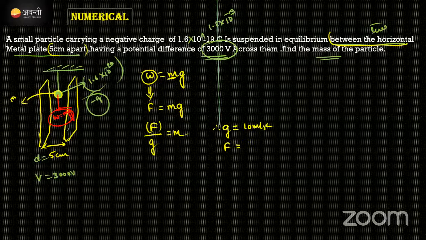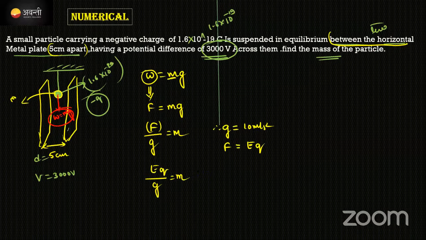Yes, good. It is nothing but E into Q. Correct? Substitute here. Then E into Q divided by g is equal to m.